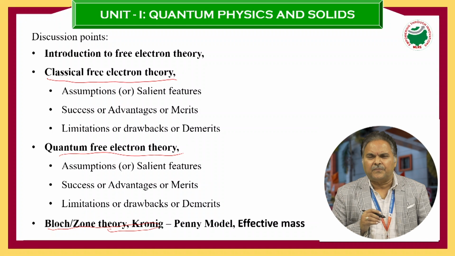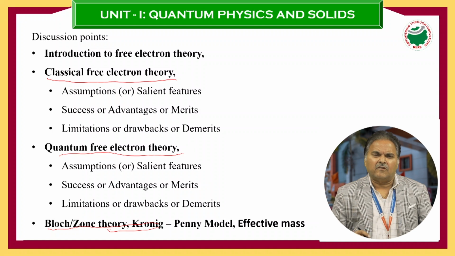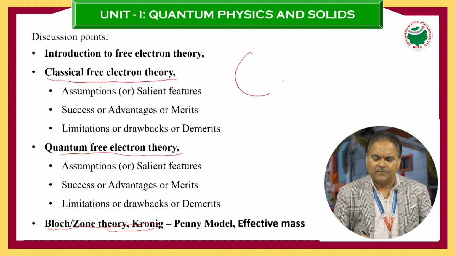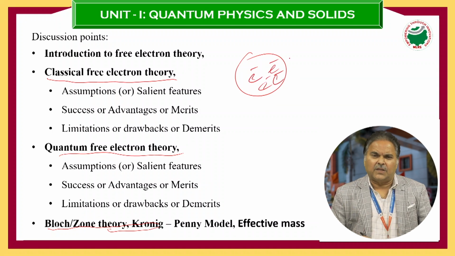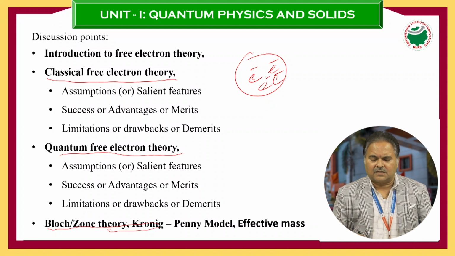The first stage is classical free electron theory. According to classical free electron theory, the electron moves freely inside the lattice. That means there is no boundary to stop the electron. Inside the crystal the electron moves freely, here and there. That is one of the assumptions.